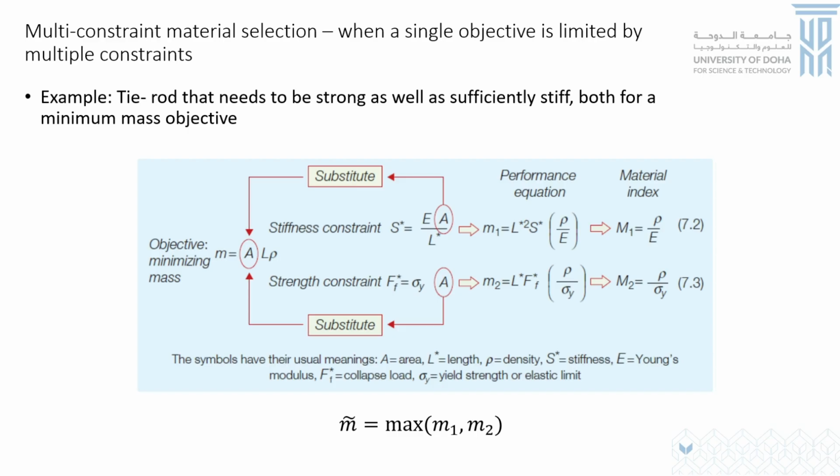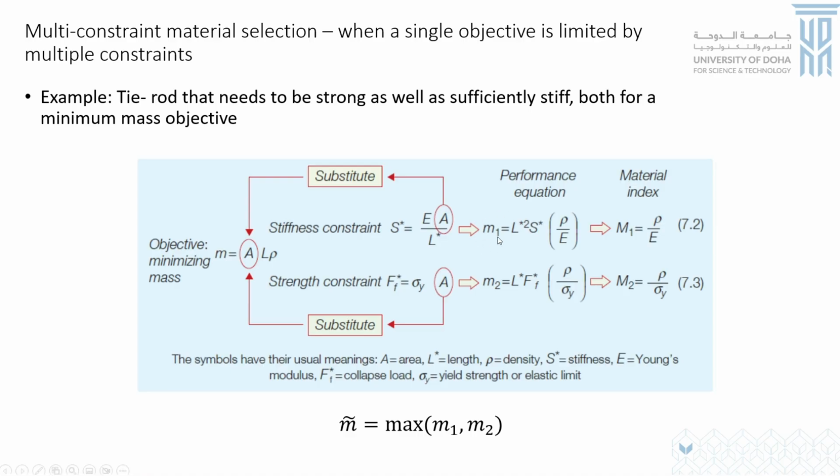To compare different objects, it's often useful to compare the cost of the material per unit volume, right? Now, if you have the price given to you as cost per unit mass, all you have to do is multiply that cost per unit mass with the mass to get the cost per unit volume, right? With that logic, any index which you derive for reduction of the mass can be used as a material index for reduction of cost by simply multiplying it with the cost per kg, for example, in dollars per kilogram.